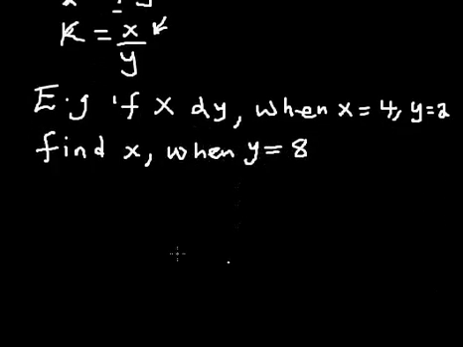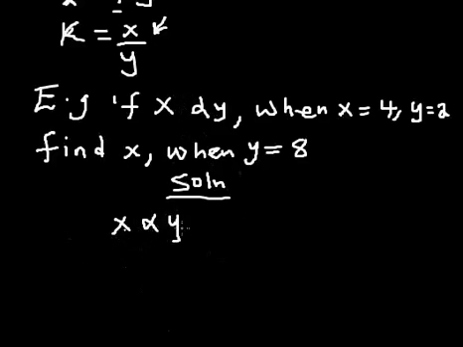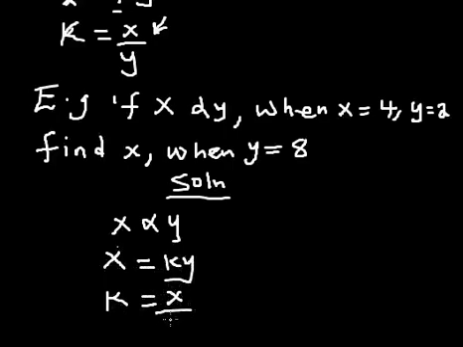All right, so it's very simple. The very first thing you need to do in solving a question of variation is to write the statement of the variation. In most cases they will write it in words, but you know that this is the variation: x varies directly as y. Then of course you know very well that if x varies directly as y, x is going to be equal to ky, and for me to get k, k is going to be equal to x all over y.